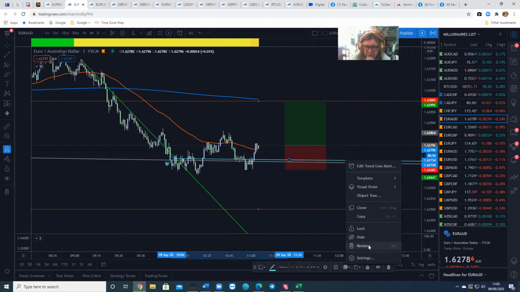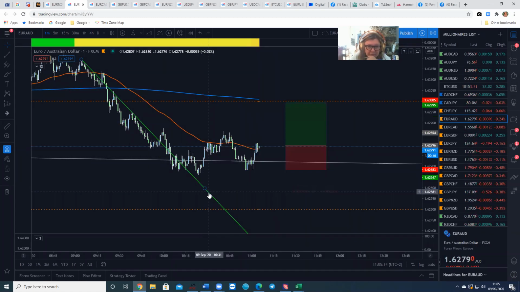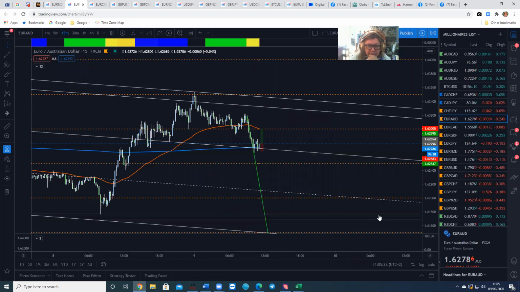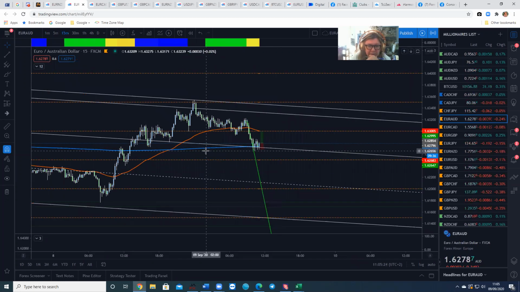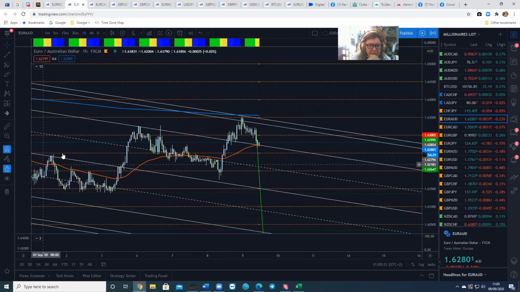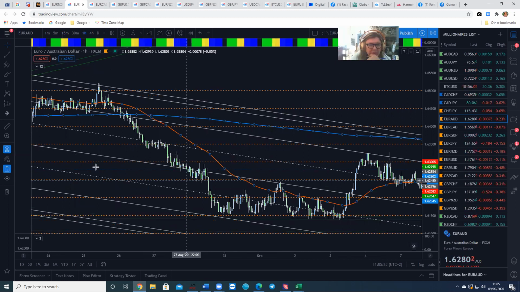Take that off. So that's buying. Because this one had worked its way all the way down, hadn't it? Just refresh my memory. Yes, it's gone down past the median.